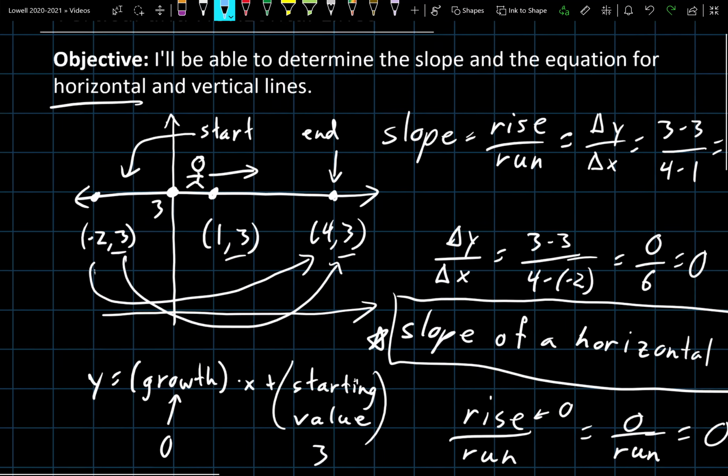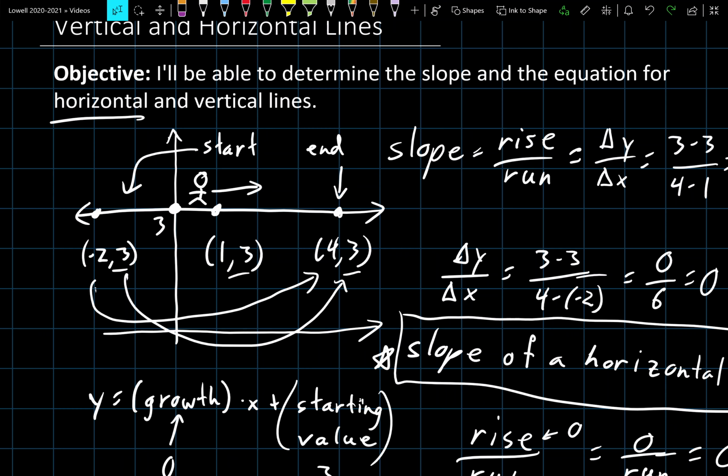Now think about this. If I'm looking at this horizontal line, what is true? The x values on the points that I pointed out seem to be kind of random, because I just used (-2, 3), (1, 3), (4, 3). But there's also this point right here, which would have been (3, 3). Way down over here, there's going to be (6, 3), and so on.